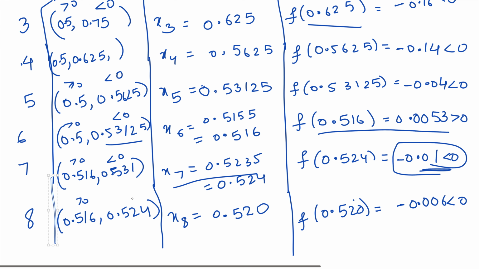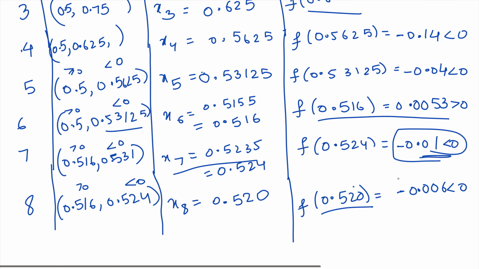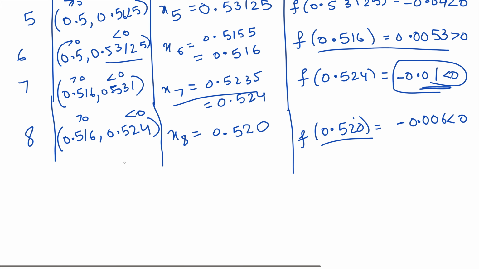So this was greater than 0, this is less than 0, and the middle value is also giving us less than 0. So what we will do, we will take this value for sure, 0.520, and we'll include whatever was giving us greater than 0 in the previous interval, right? So 0.516.